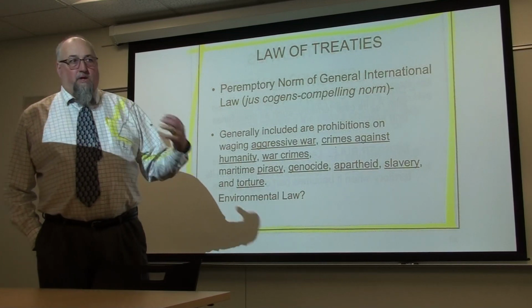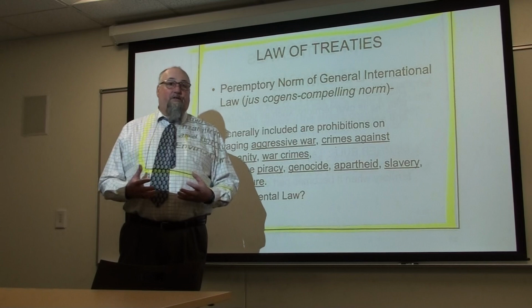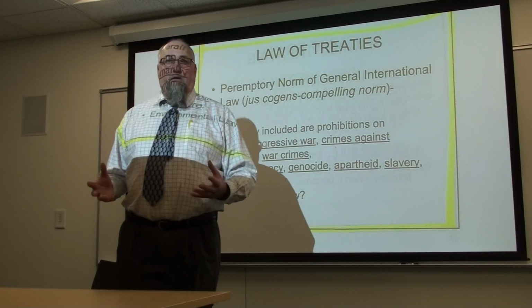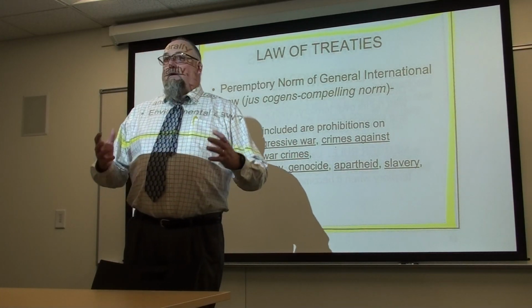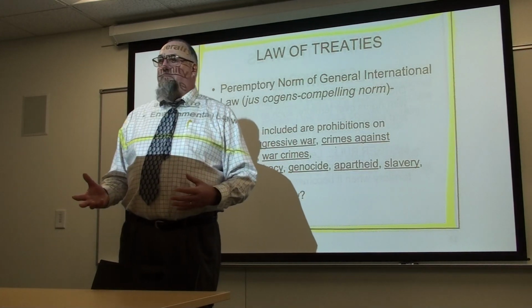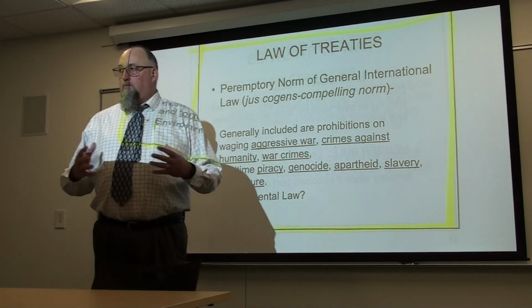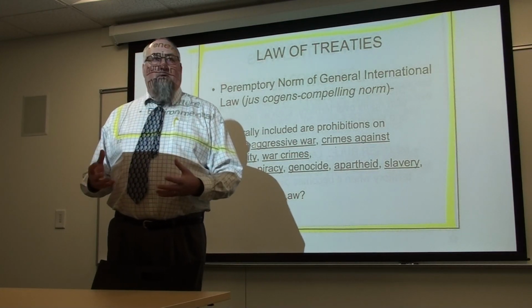In essence, a peremptory norm is still customary law, right? It is essentially the highest form of international law, because it is this idea of something that is so wrong that it simply will not be tolerated.